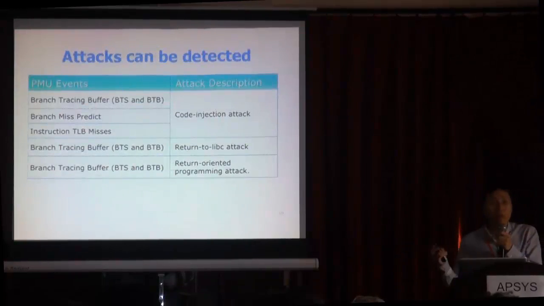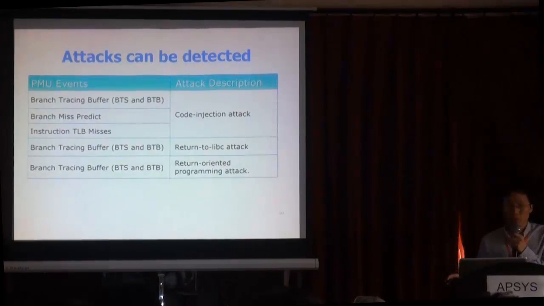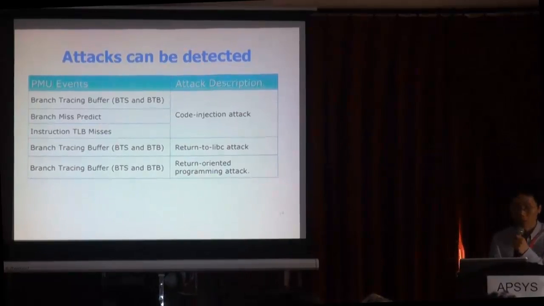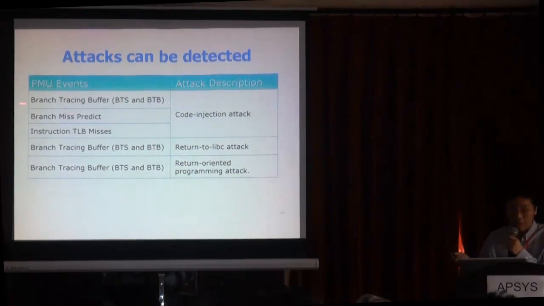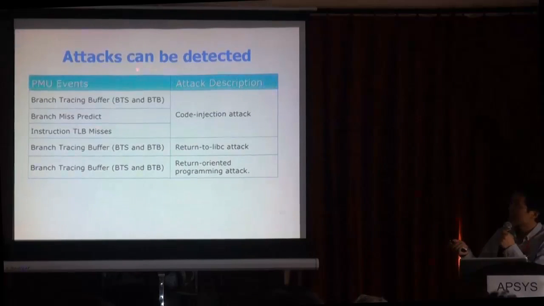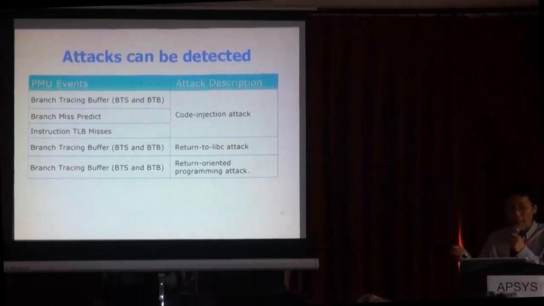By using these performance counter features, we could detect several kinds of security exploits. This column depicts the PMU events, and this column depicts the attacks that can be detected.